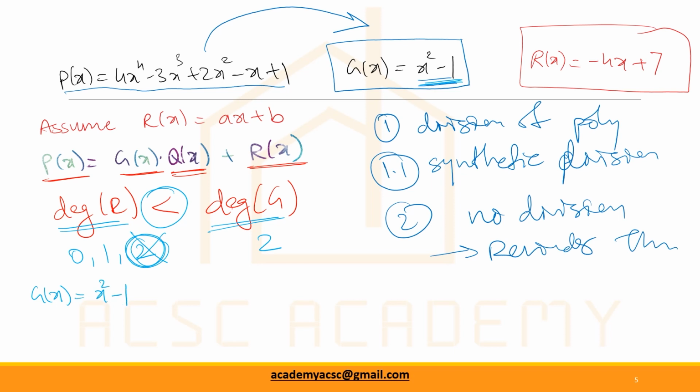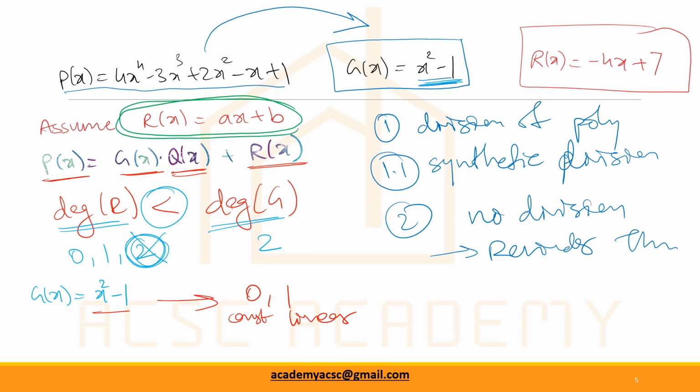So we can say that the remainder resulting from the division of p of x and g of x can have degree either 0 or 1, which means it will be either a constant or a linear polynomial. True? So let us assume that the resulting remainder will be ax plus b. Now here a and b are simple constants.